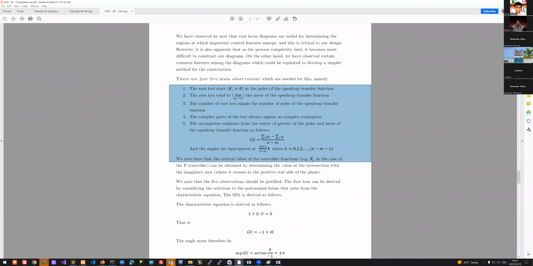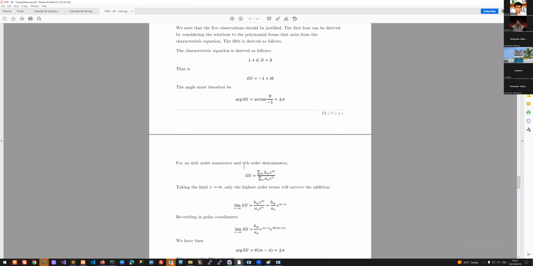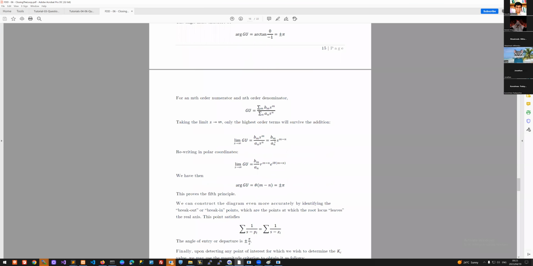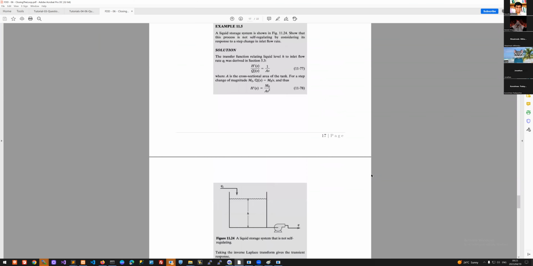So if n is the number of poles, then that's the number of loci we'll get. We said complex conjugates, and that there is a center of gravity for all our loci. So we're out of time, unfortunately. So let's just look at this. There is an example where this is worked out in the set of notes.